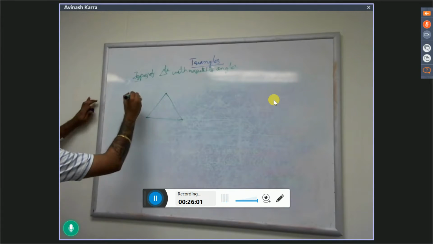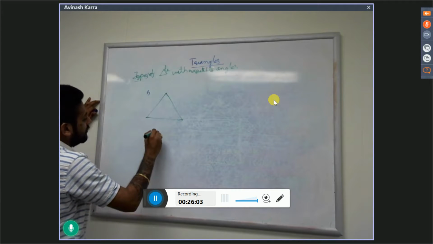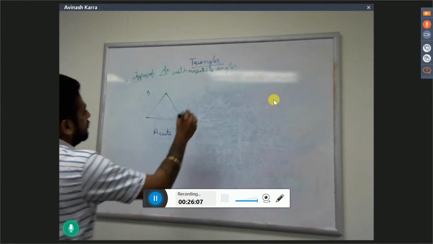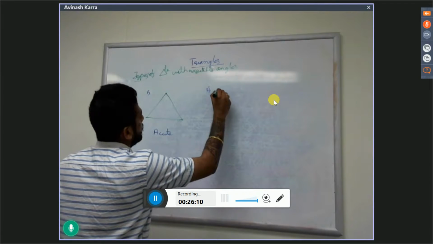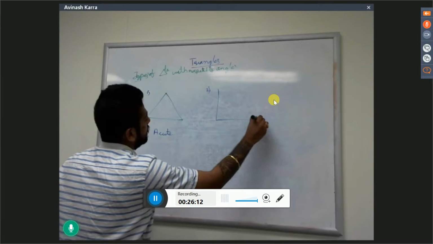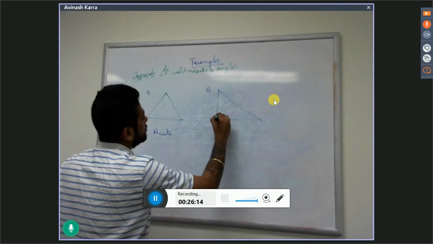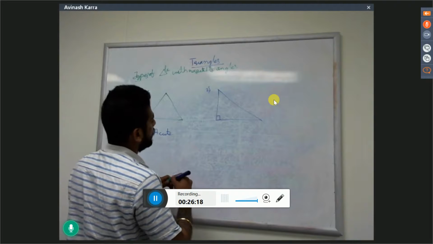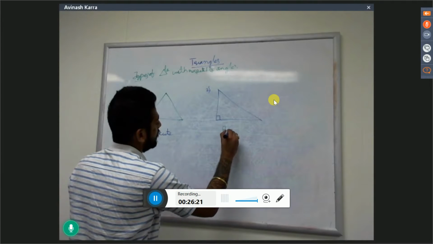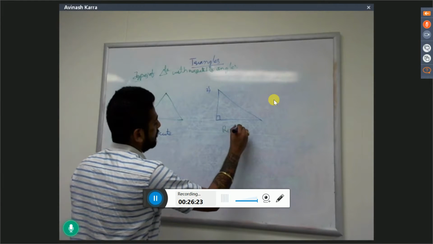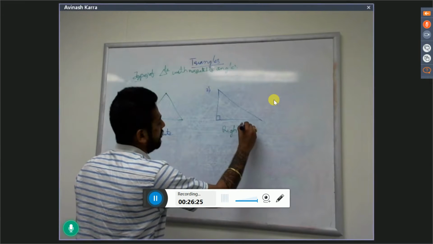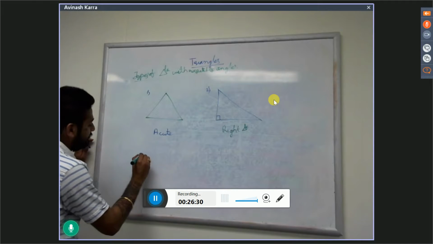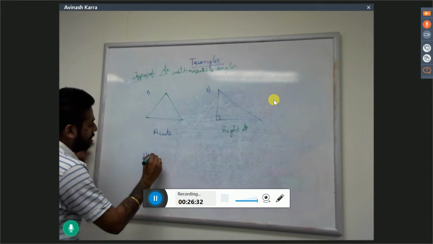One is acute, the second one is right angle triangle, right triangle, and the third one is obtuse.